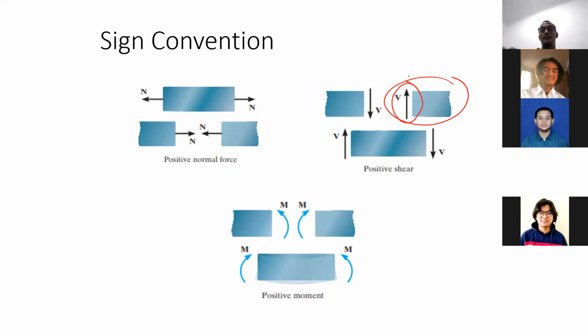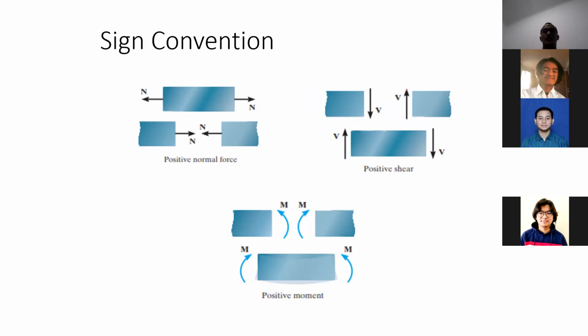Why is it like that? Because we have to make sure that the internal shear force is clockwise for the positive direction. When we do a section, always assume the positive direction first.